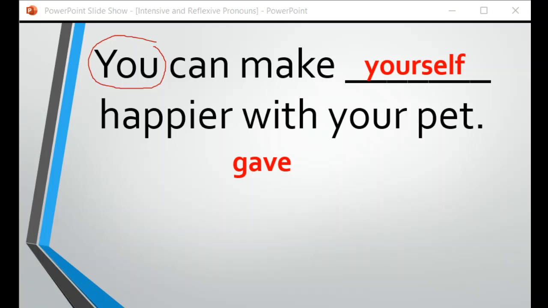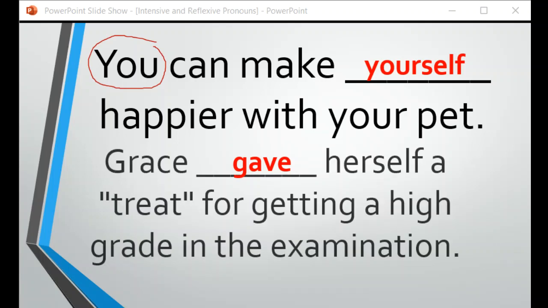You can make yourself happier with your pet. Good job. How about this one? Grace blank herself a treat for getting a high grade in the examination.